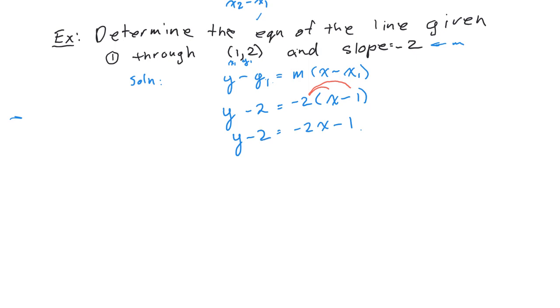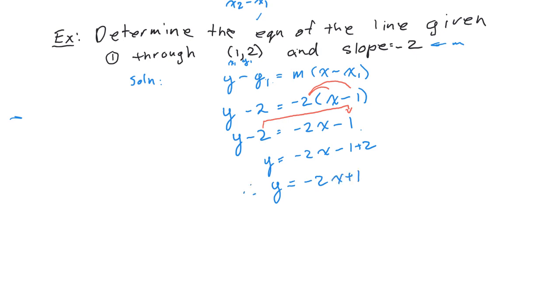Now all we have to do is collect our like terms by moving our -2 from the y side. So we end up with y is equal to -2x plus 2 plus 2, and the final answer is y is equal to negative 2x plus 4.